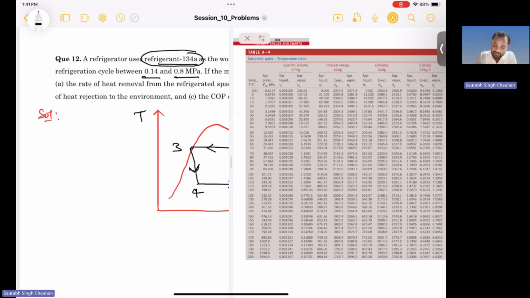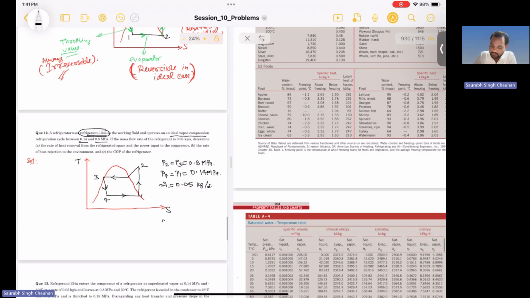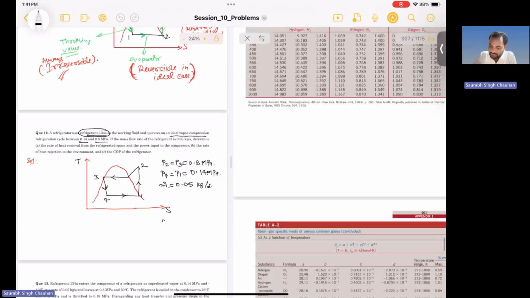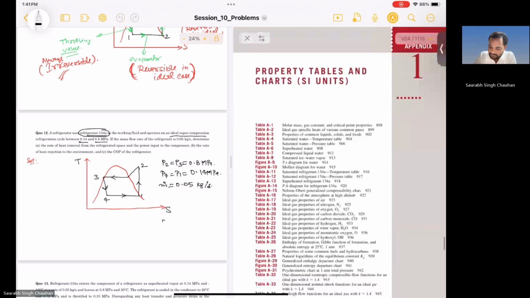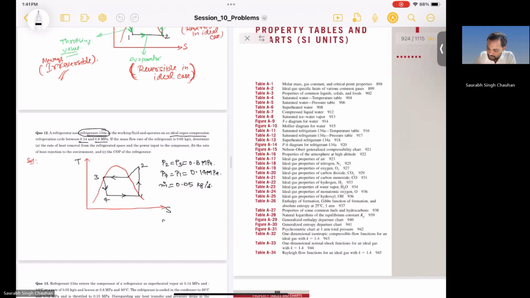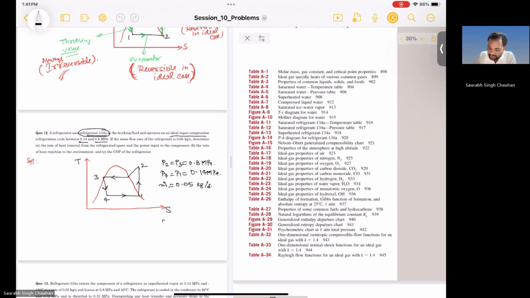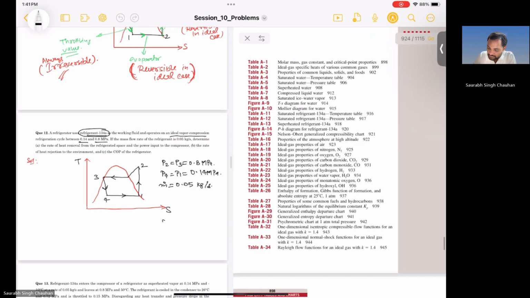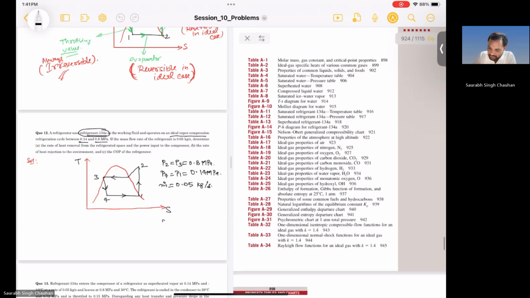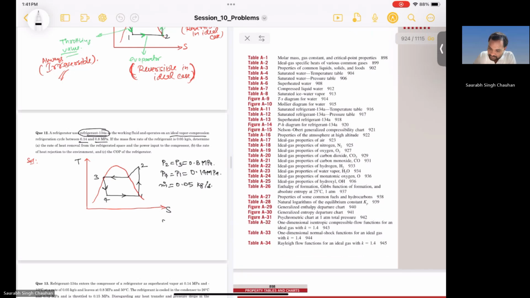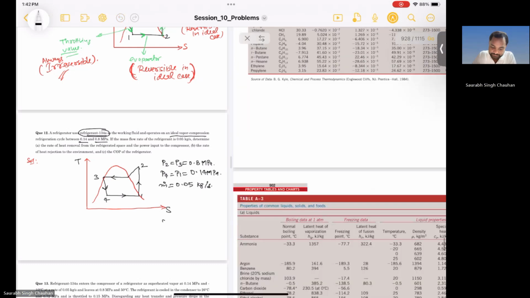We'll have to use the table for R134A. So here it is. A11 to A13 or A14. A11.